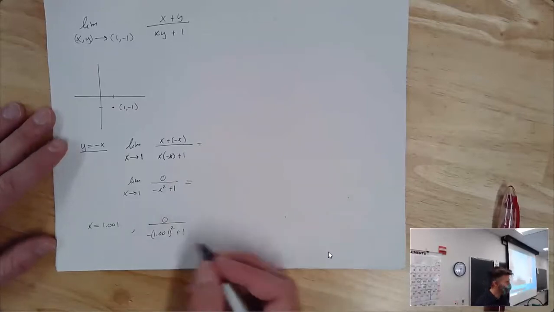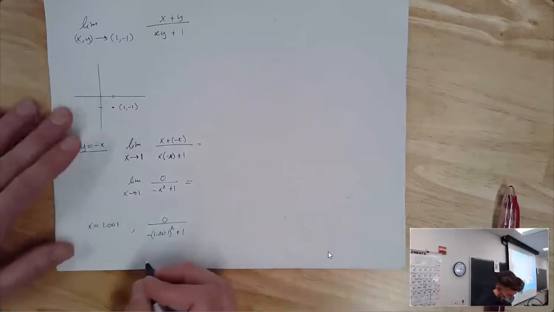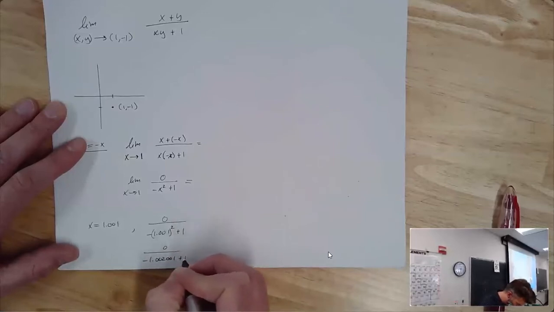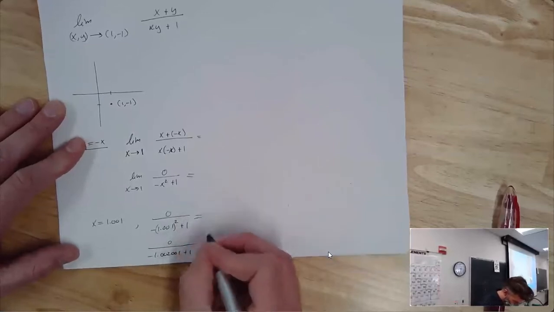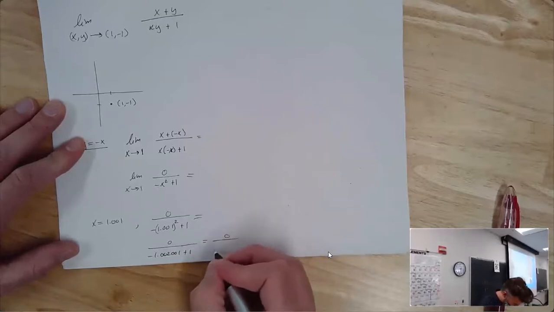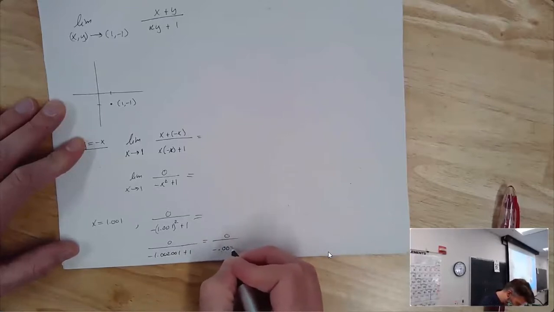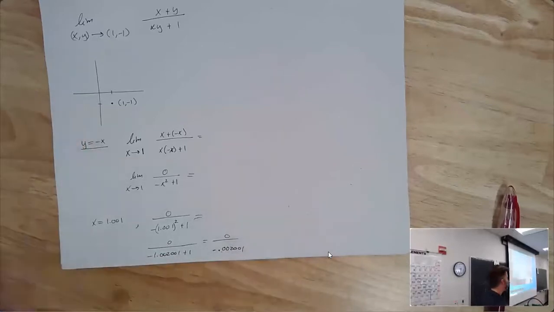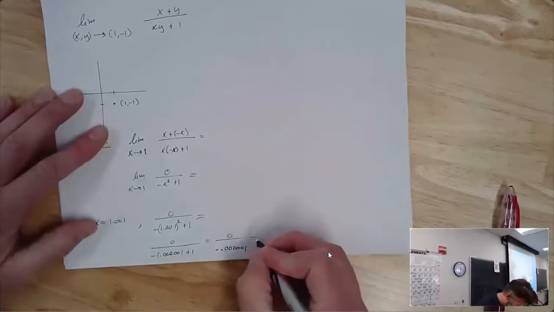I mean, the denominator is something. Okay, it's negative 1.002001 plus 1. That's going to be 0 divided by negative 0.002001. Okay, what's 0 divided by negative 0.002001? 0, right?